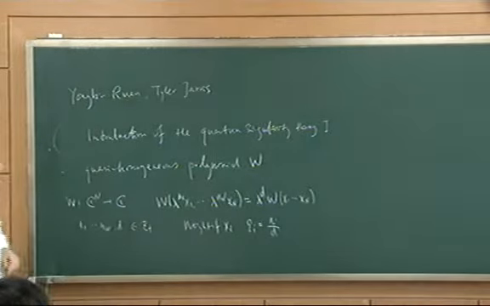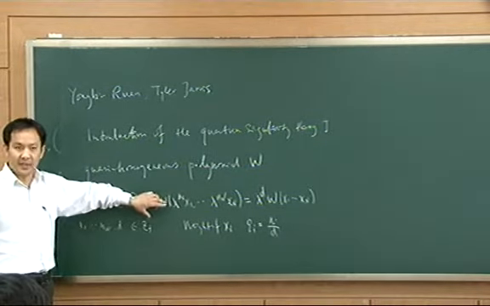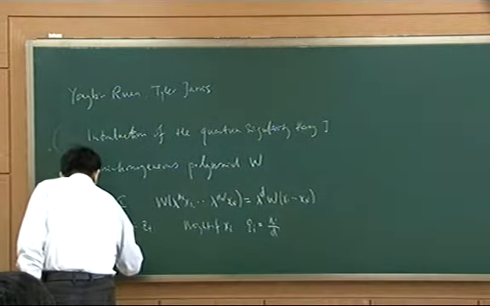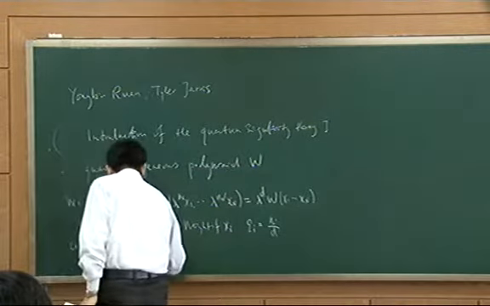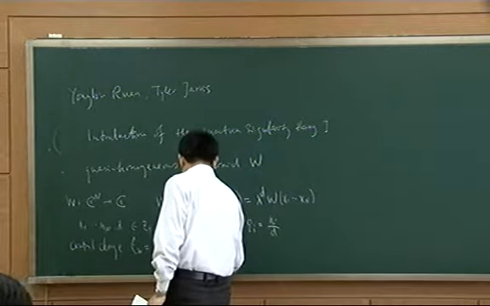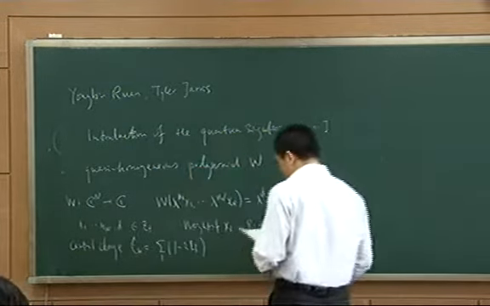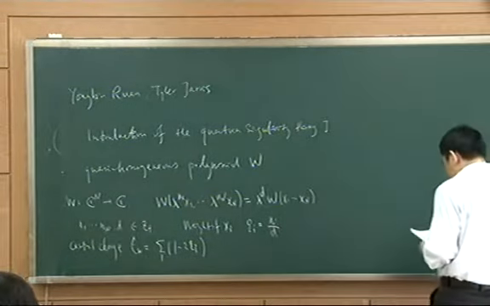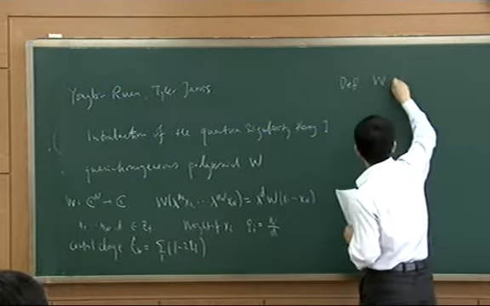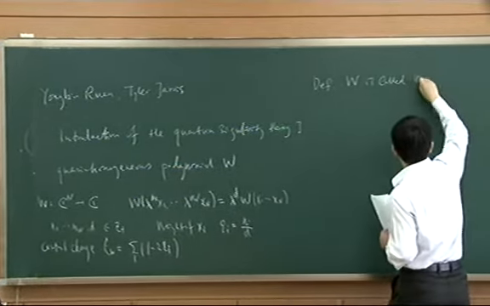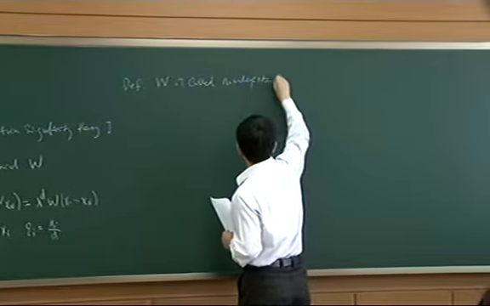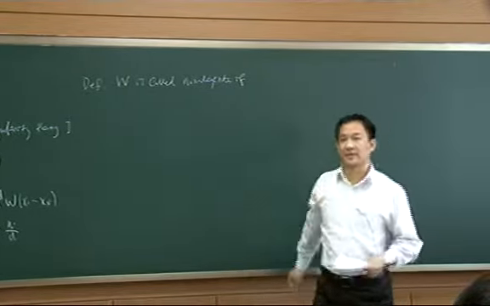Related to this polynomial, there is a numerical invariant called the central charge, ĉ_W. This is defined as the sum of (1 minus 2qi). Now, following the definition, W is called non-degenerate if the following two conditions are satisfied.